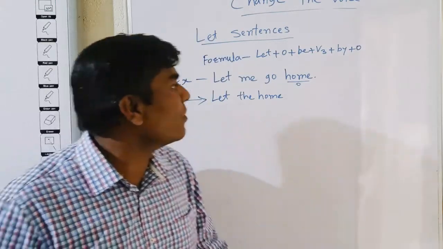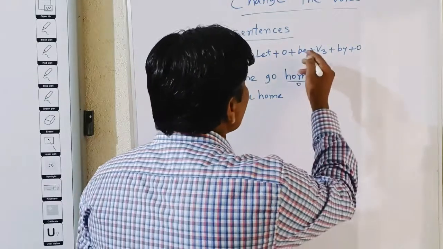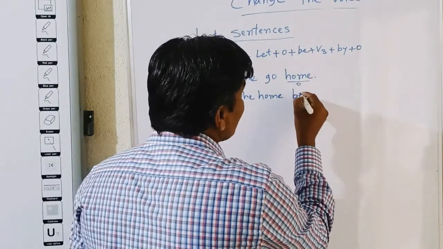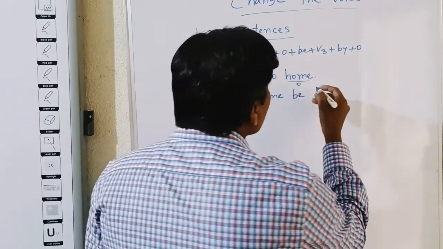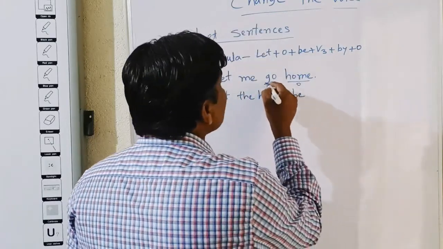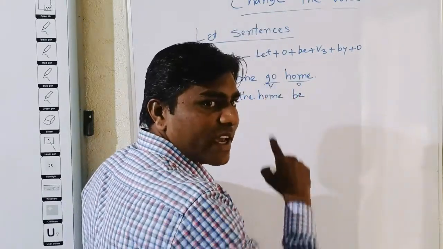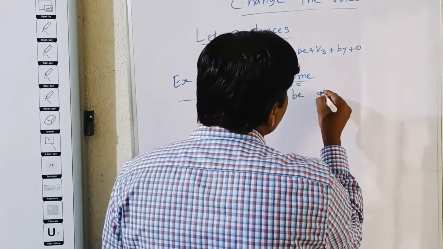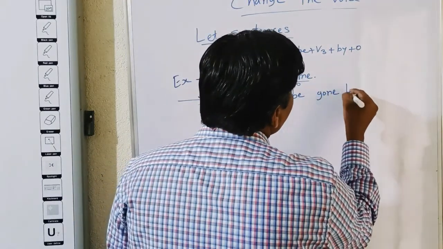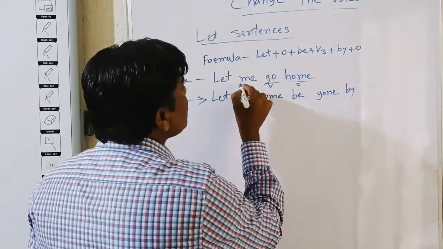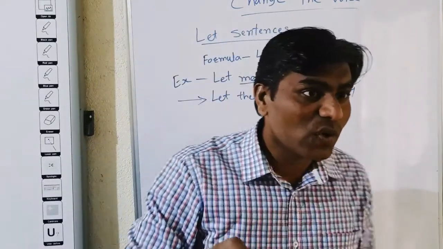Now let the home. Now I want to use here be. Then gone, the verb's third form. Here is go home, so I have to write gone. Then by. Now here is me in passive also.